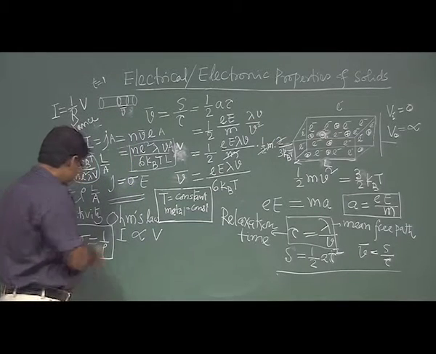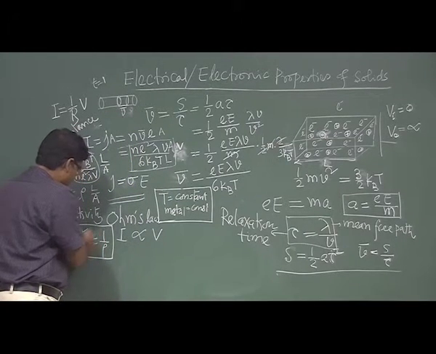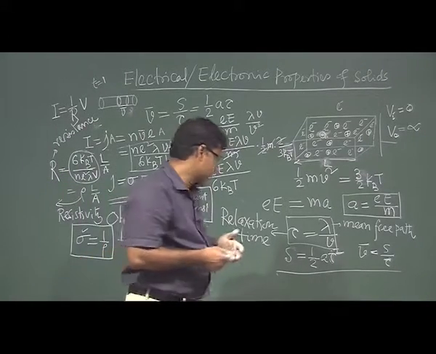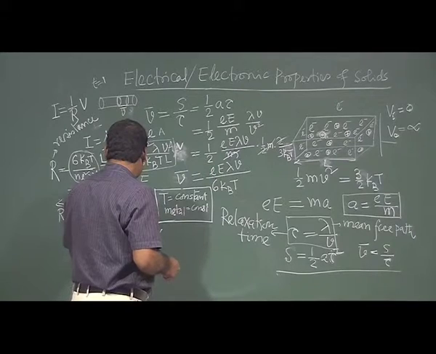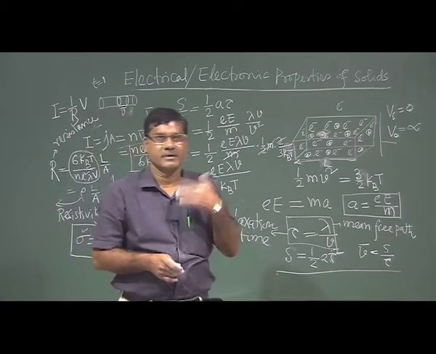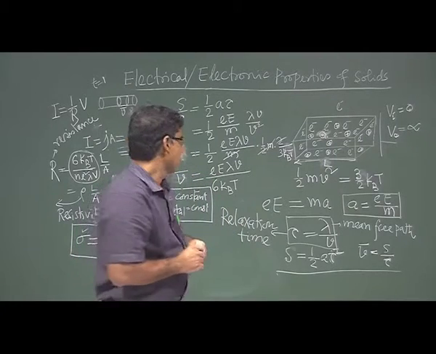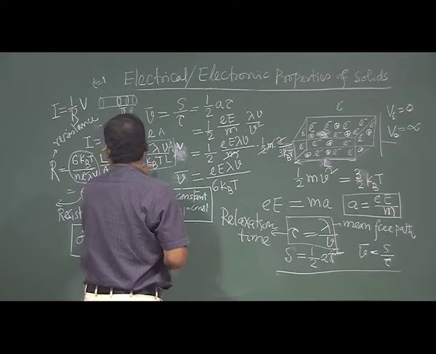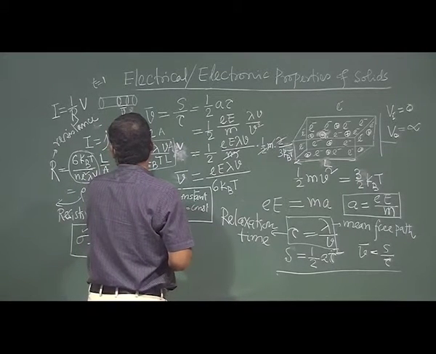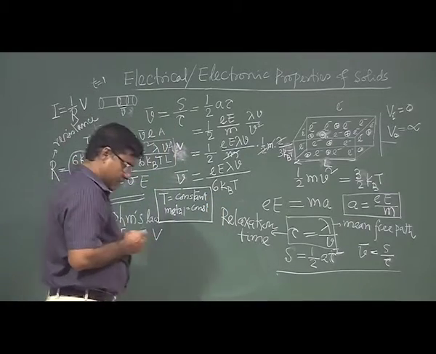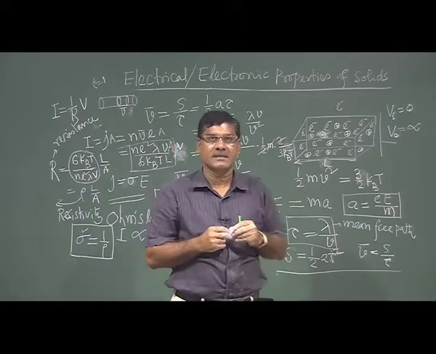Now, what are the parameters on which this resistivity or conductivity depends, right. Mainly it depends on the electron density in that metal.